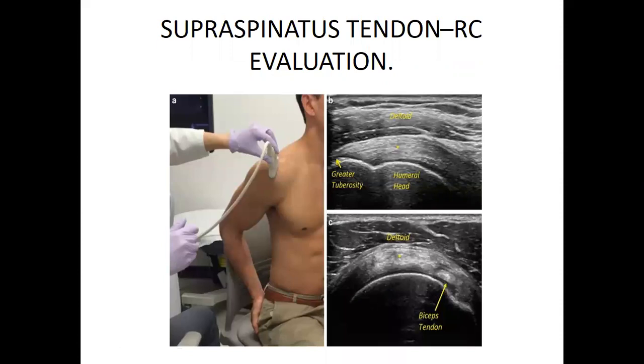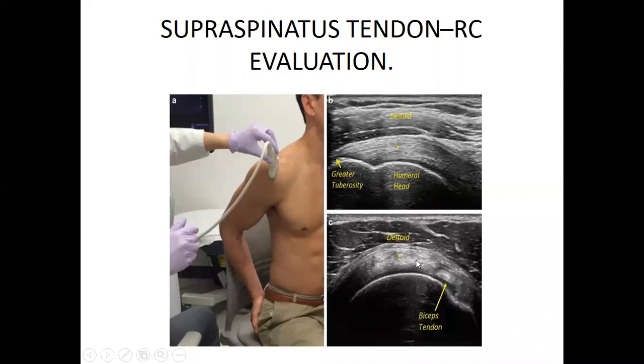Again, I'm still trying to demonstrate the same. Very simple, but this is how it comes out. Laterally, you've got that greater tuberosity. Medially, you've got the humeral head. Here you don't appreciate so much the lateral tuberosity because there is a bit of twisting. But again, our deltoid muscle will continue to appear just above the supraspinatus tendon. You can see it.